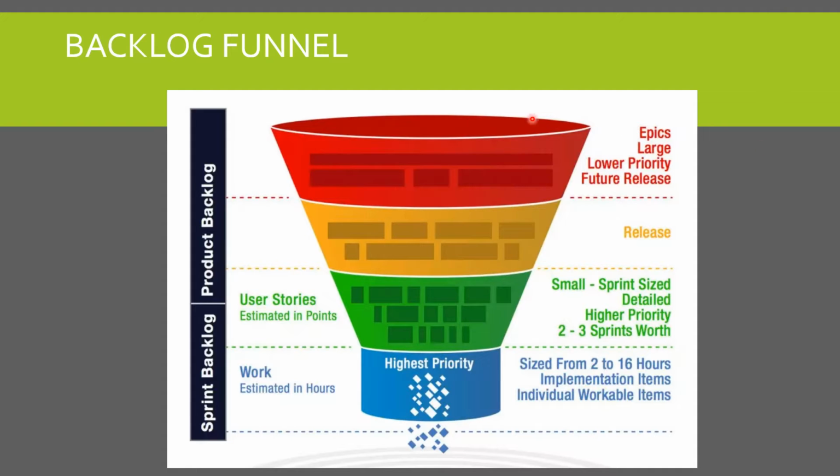If you look at that funnel, you might start with epics, which are large ones, lower priority and future release ones at the top. Then you have release items, which might contain the features, of medium priority, maybe for the immediate next releases.